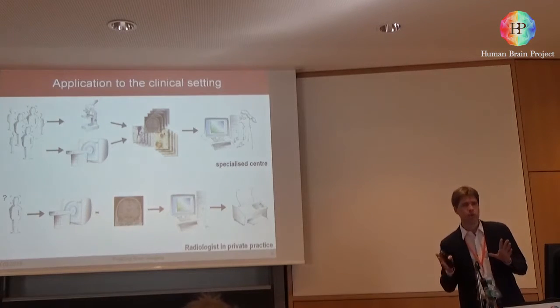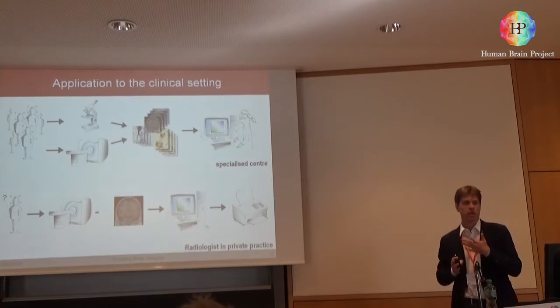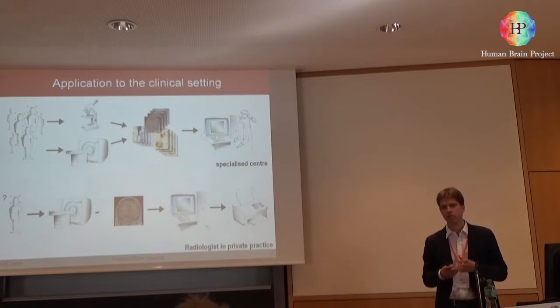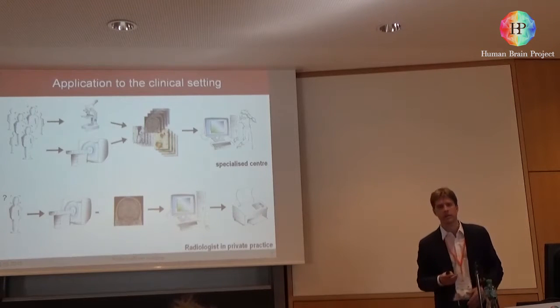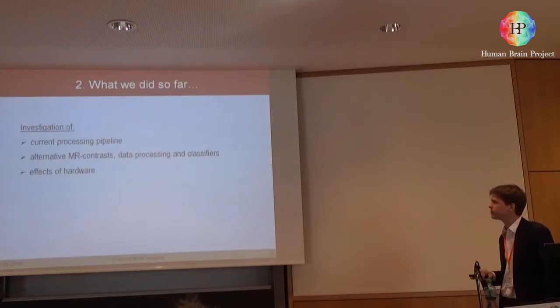It's very important to always be aware of this distinction, that we always take a university hospital setting for granted, but this is not the reality. I mean, by far the greatest majority is seen outside.